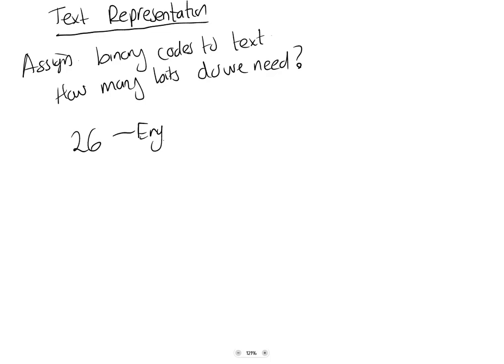So we're trying to find the smallest number r such that 2 to the power of r is greater than or equal to 26. Okay, let's see. With 1 bit you can represent 2 things, either 0 or 1. With 2 bits you can represent 4 things, 2 multiplied by 2.